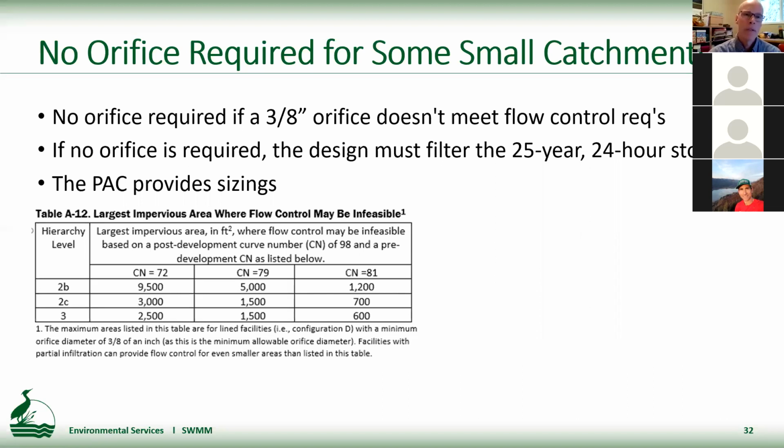If a catchment is smaller than a certain threshold size, which there's a table for at the bottom here that's contained in an appendix, then to make the facility a reasonable size, we're going to require that the design filter the 25-year, 24-hour storm without overflow. That's based on the 6 inches per hour assumption for our imported soil blend, and again, the PAC will provide you with those sizings. Next.